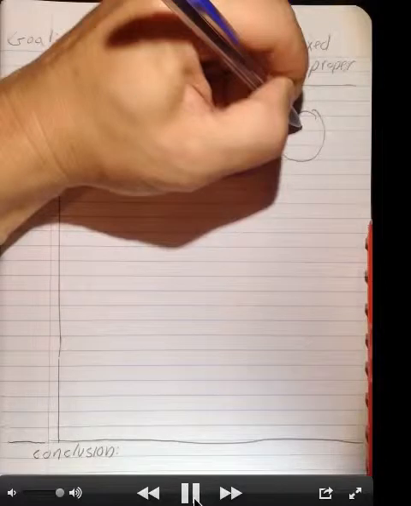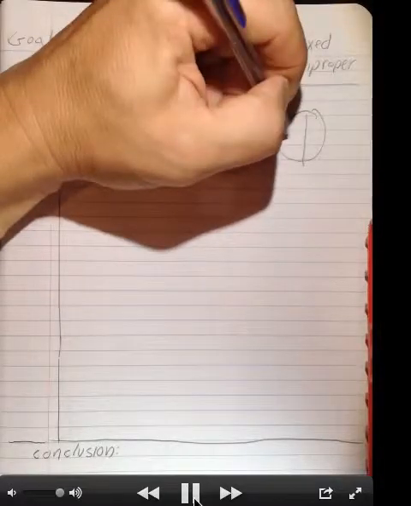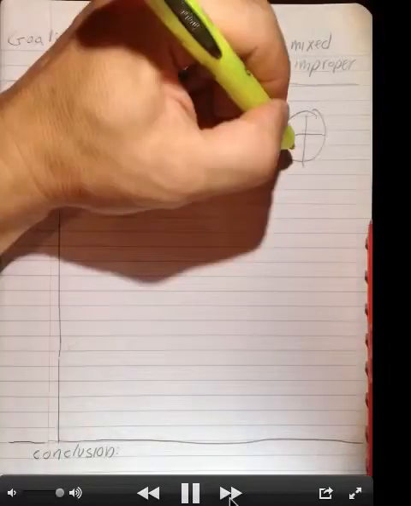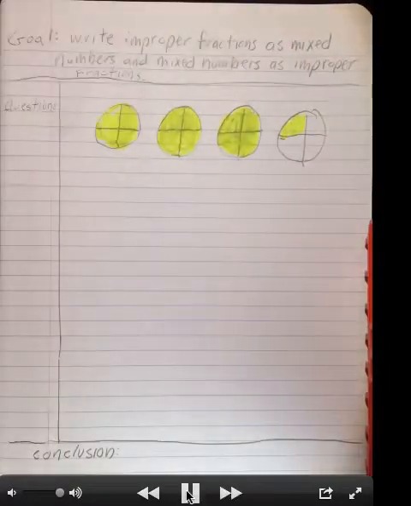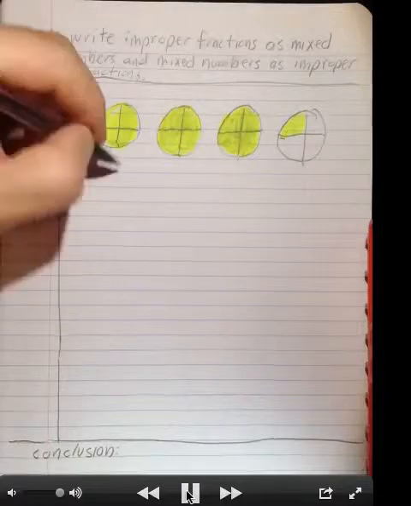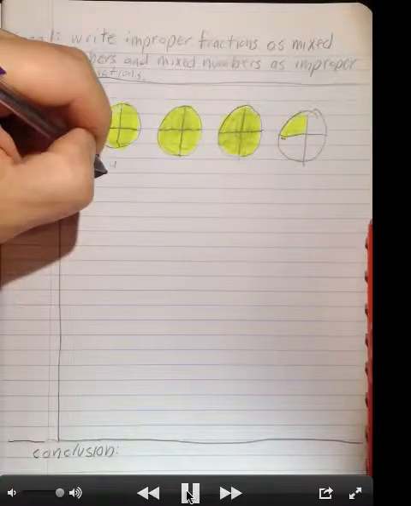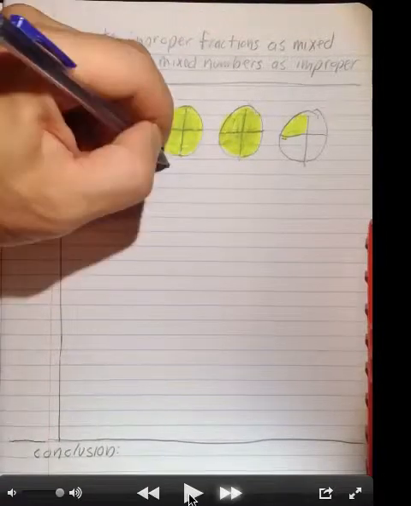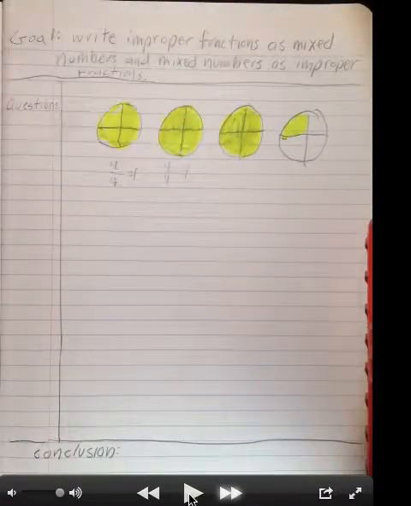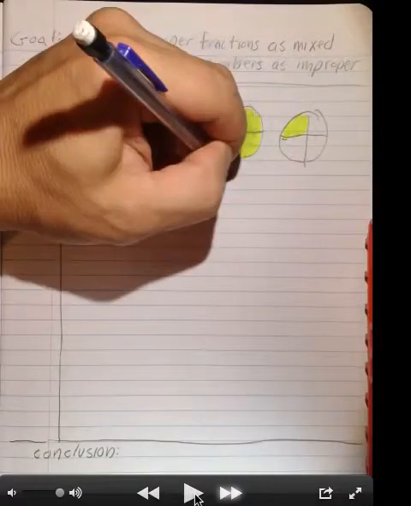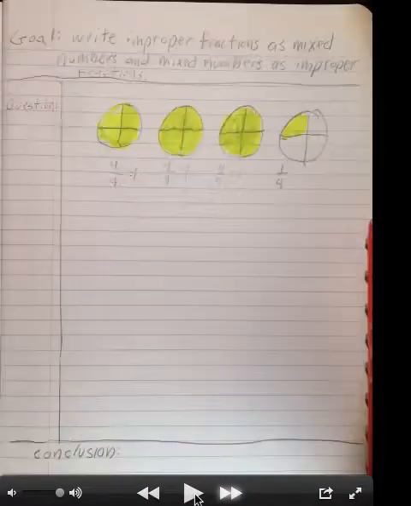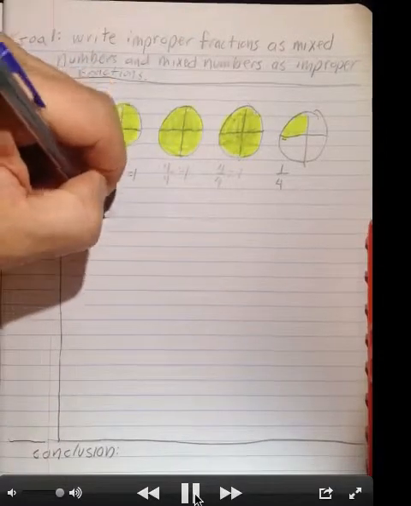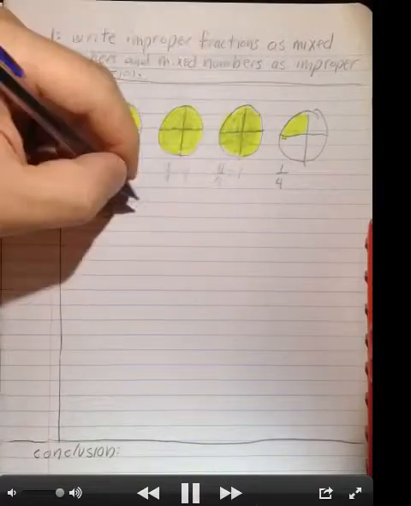Now I have to represent the 1/4. So I'll make the same picture and shade in just one of the 4. So each of these is 4 out of 4, which equals 1. So this is a representation of the mixed number 3 1/4.